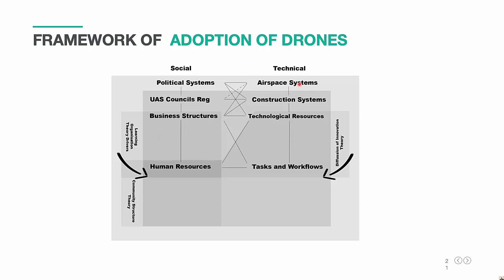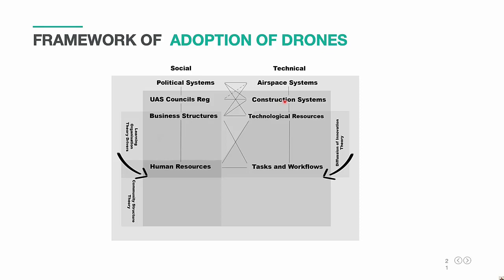Some airspace may be restricted based on political reasons or other types of reasons. So based on those reasons, we need to understand where we can fly and where not. Then we have the construction system, or the companies that can actually fly the drone at a specific site, or what the technical implications are of having a drone for a specific site.